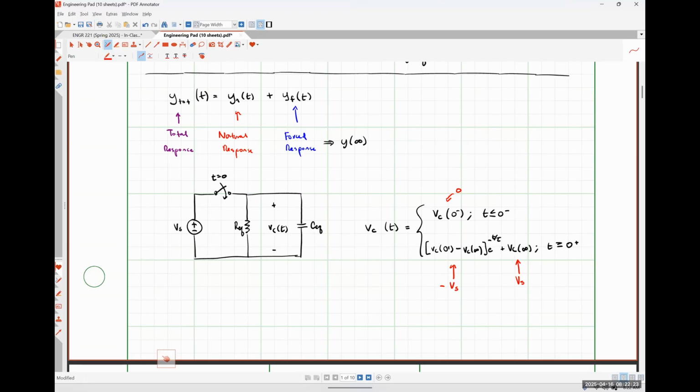Okay. So this is essentially our new generic equation. We're always going to have to make that correction.